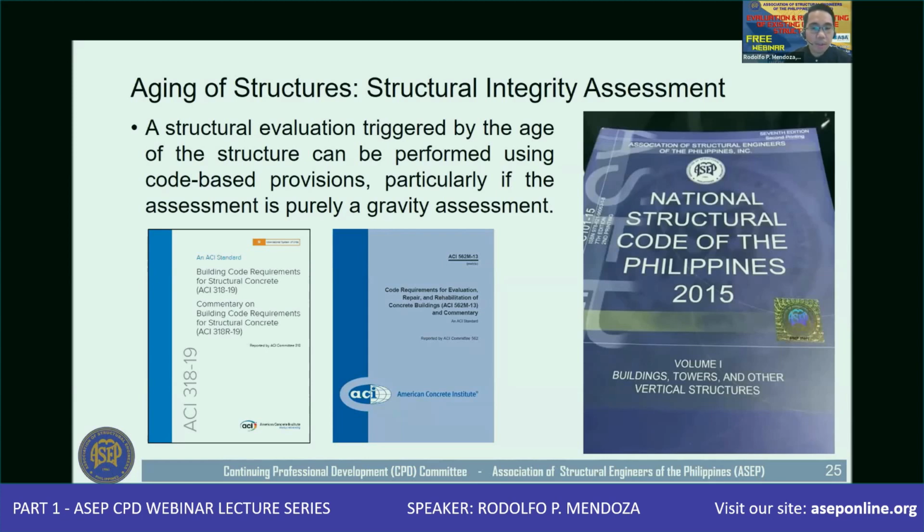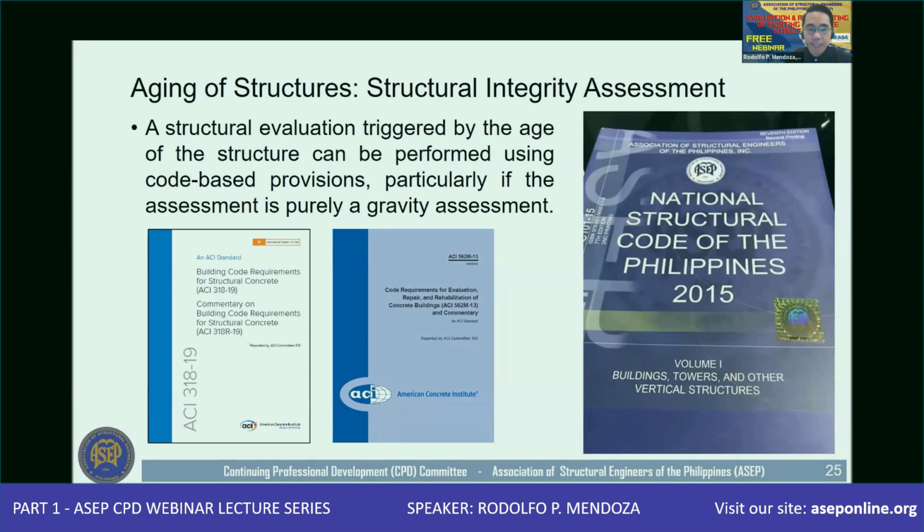And also, there's a new standard that was released by ACI. We call it the ACI 562. It can also be used to evaluate an existing structure, even if you are only assessing the gravity system of the structure.